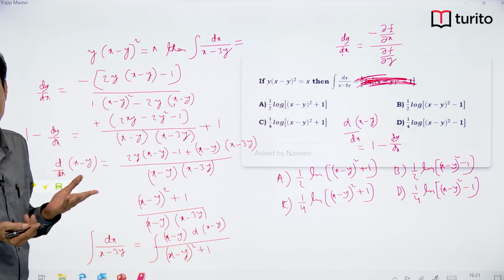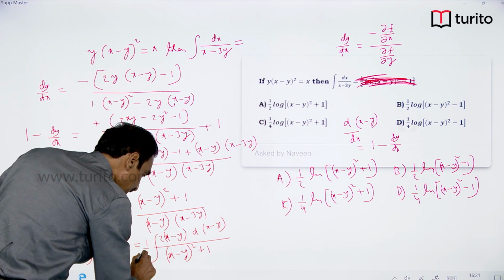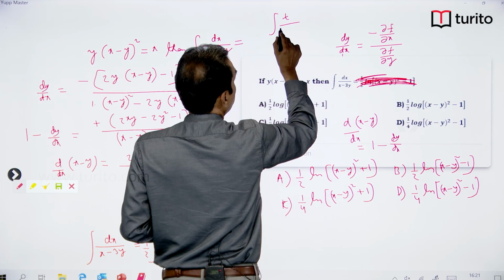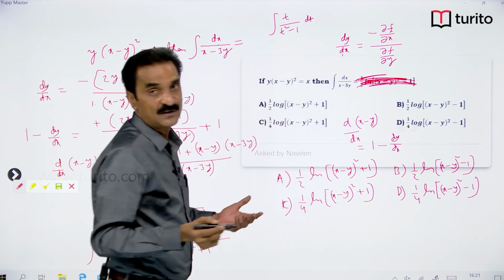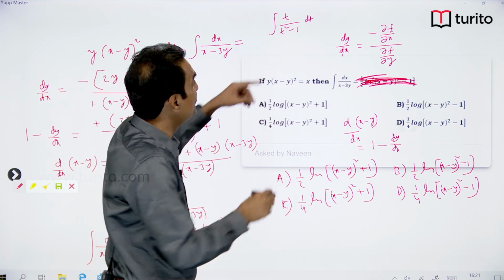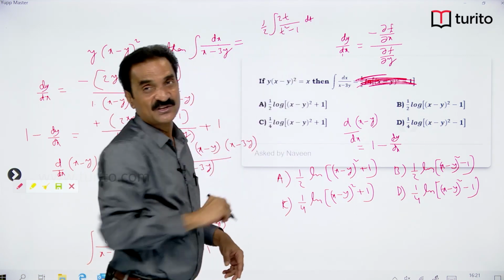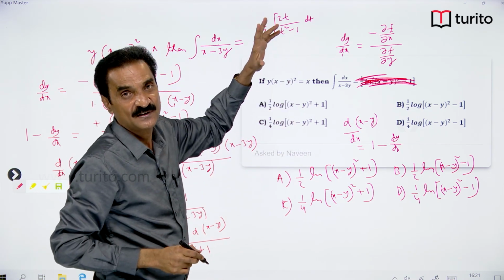How to integrate? Multiply and divide by 2. Integral t by t square plus 1 dt is what? Multiplying and dividing by 2, it becomes f dash x by f x. Derivative of denominator is numerator, its integral is log mod f x.